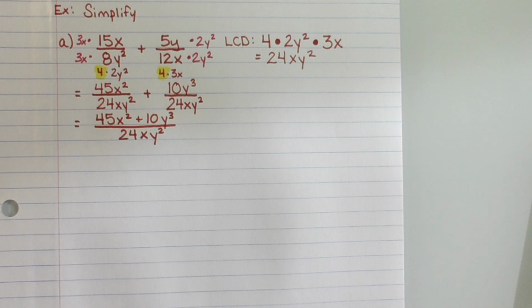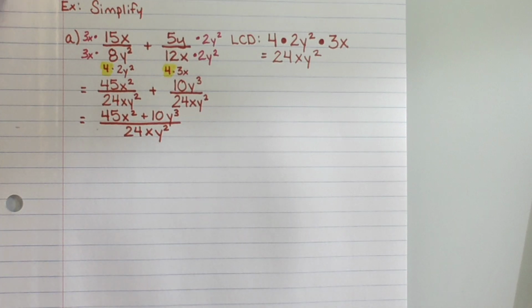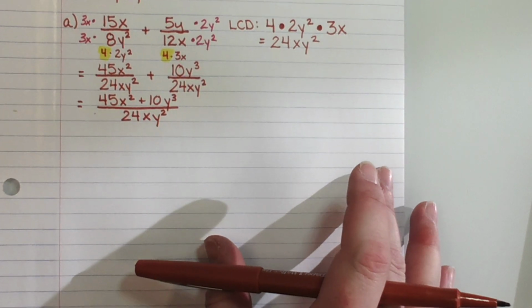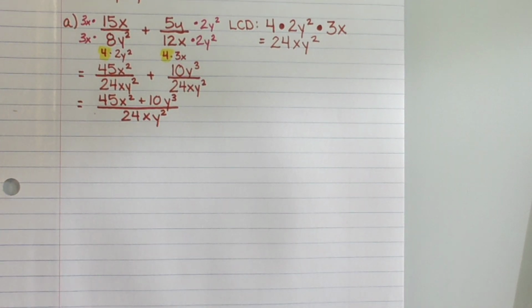I try to simplify. In order to simplify, when you see pluses or minuses, what do you need to do? Say it louder. Factor. When there's pluses or minuses, if you want to simplify, it has to be factored. What can I factor out of 45x² plus 10y cubed?